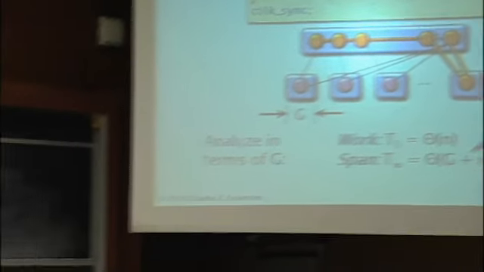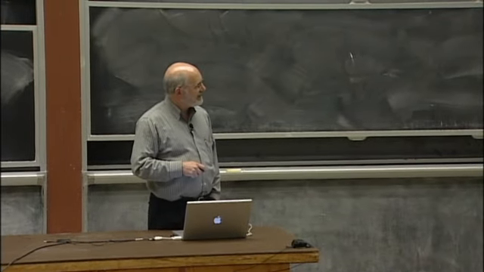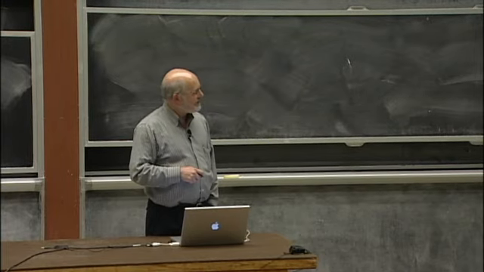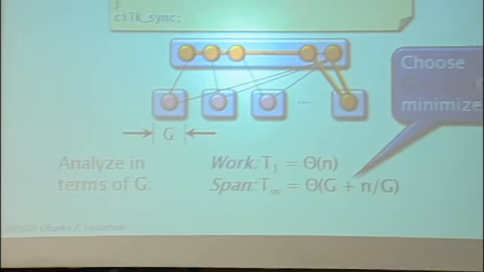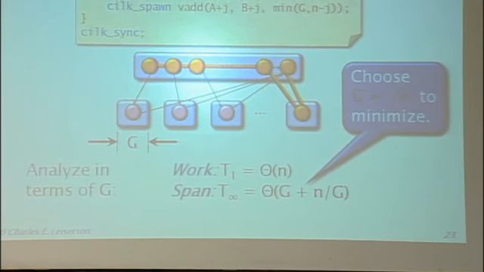Or you can just eyeball it and say, gee, if G is bigger than square root of N, then this is going to be dominant. And if G is smaller than square root of N, then this is going to be dominant. And so when they're equal, that sounds like about when it should be the smallest, which is true. So we pick it to be about square root of N to minimize the span.